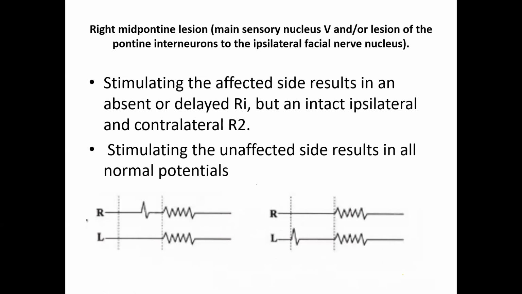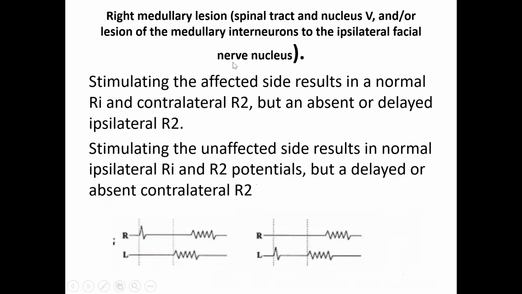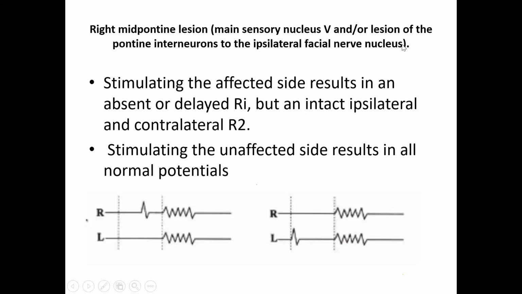Suppose there is a right mid-pontine lesion. Okay, so what is going to happen in that? Stimulating the affected side results in an absent or delayed R1, but intact ipsilateral and contralateral R2. Why is this happening? Because the connection between the pontine sensory nucleus and the facial nucleus is detached.